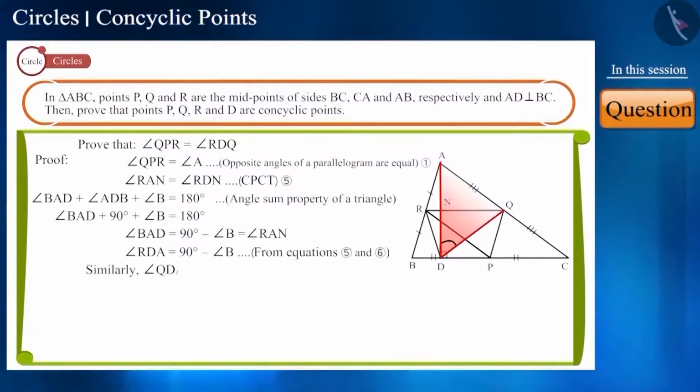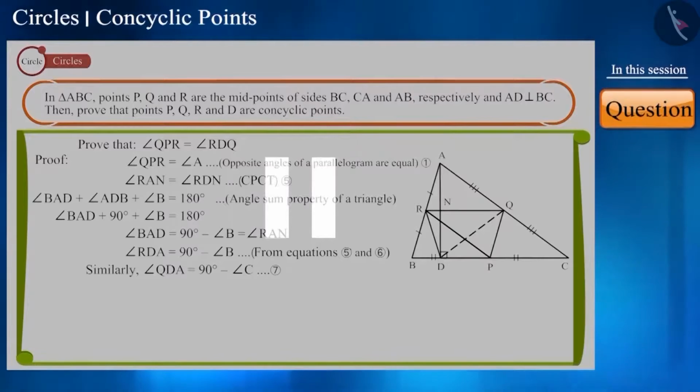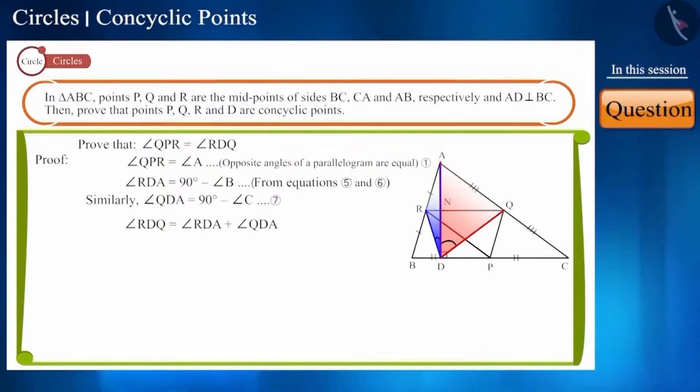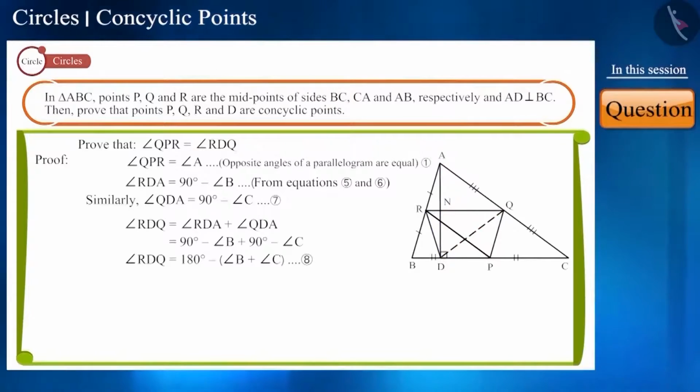Similarly, we can obtain angle QDA to be equal to 90 degrees minus angle C. Pause the video and obtain it yourself. According to the figure, we will write angle RDQ as angle RDA plus angle QDA. Now, we will substitute the measures of angle RDA and angle QDA in this equation and simplify it like this.